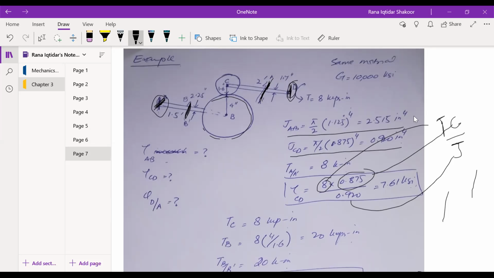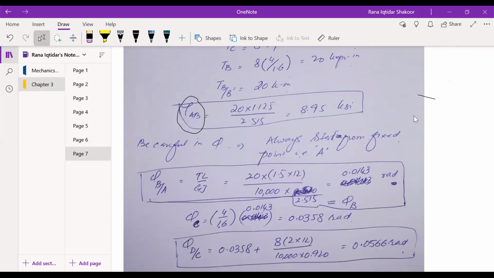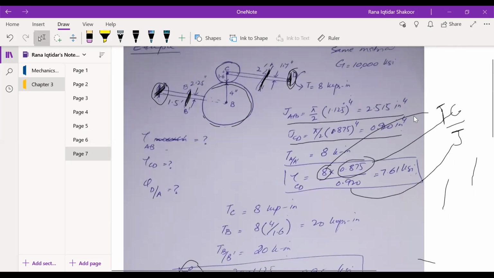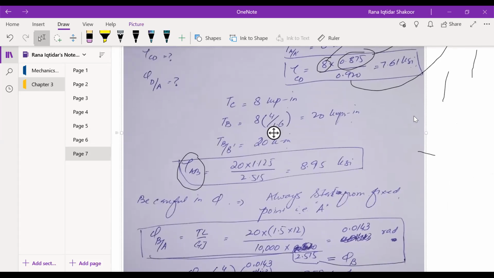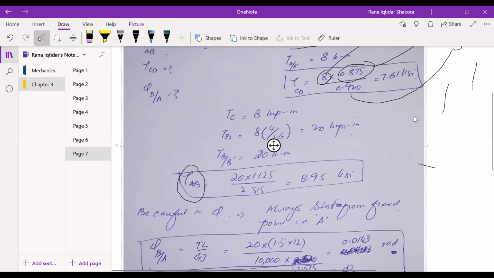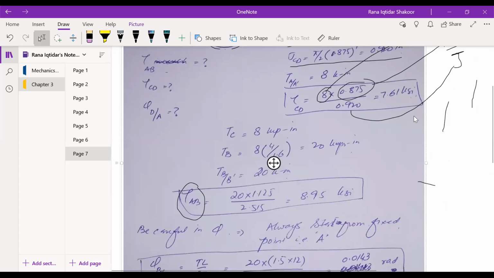So we will start from A to B. That is phi BA, which means rotation of point B with respect to A. That is TL by GJ, right? Torque, we know what is coming over here. Torque in rod B, at any point in B, is 20 kips-inch.